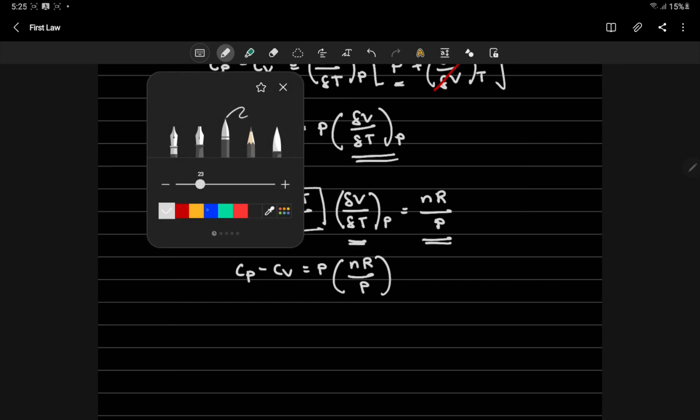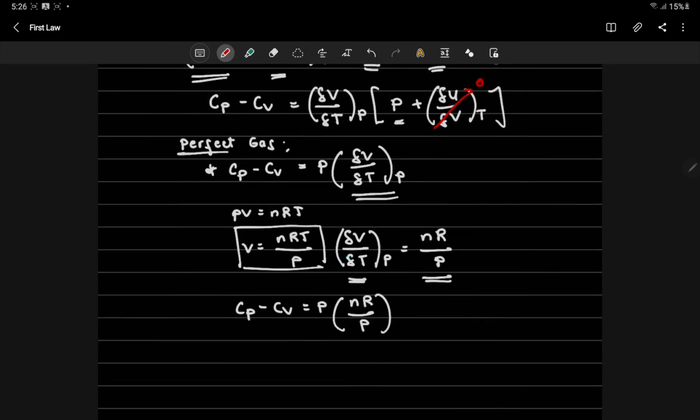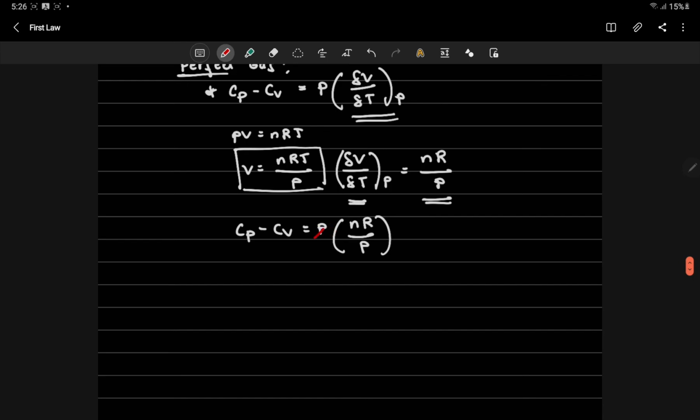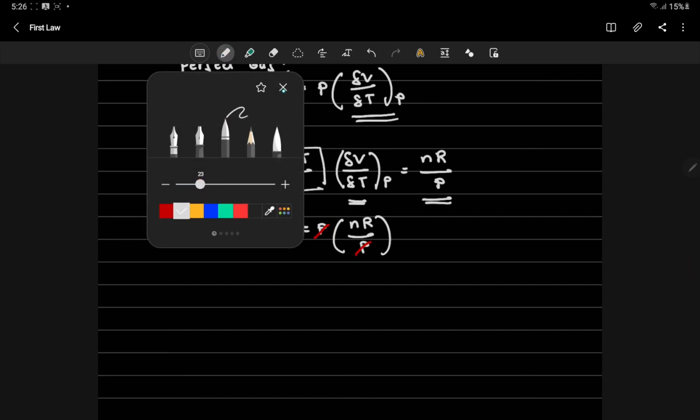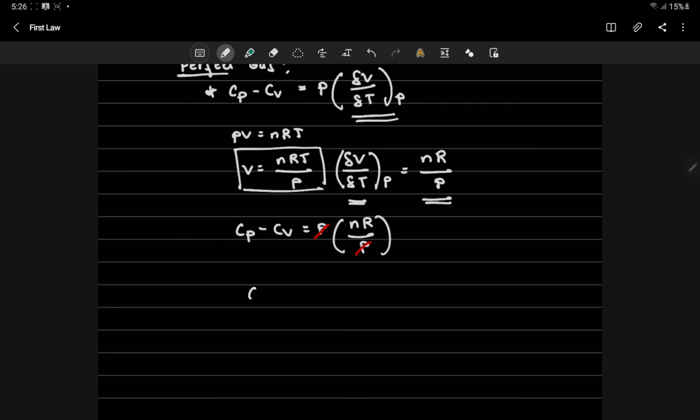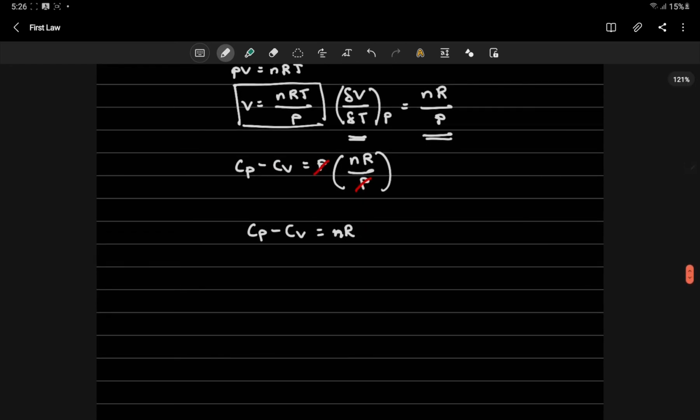So, ang mangyayaring next is that magka-cancel lang yung ating P. So, ang matitira sa ating equation is Cp minus Cv is equal to nR, which is our gas constant. So, kapag dinivide mo to by the number of moles, magiging Cp,m yan. m here means molar.